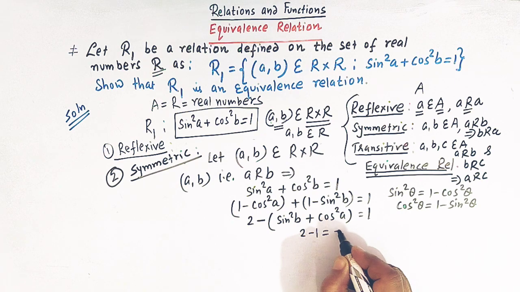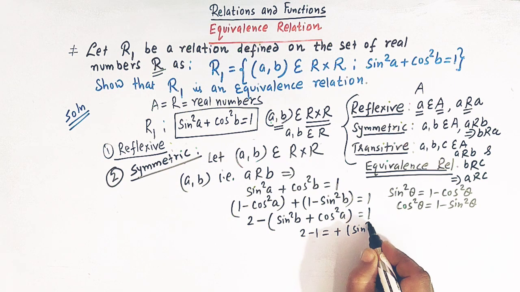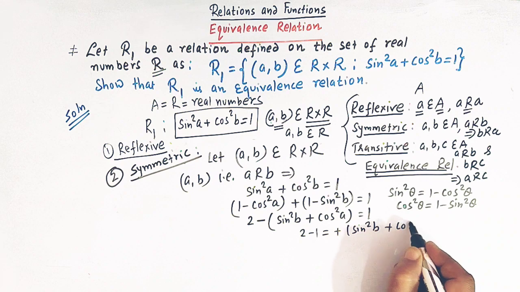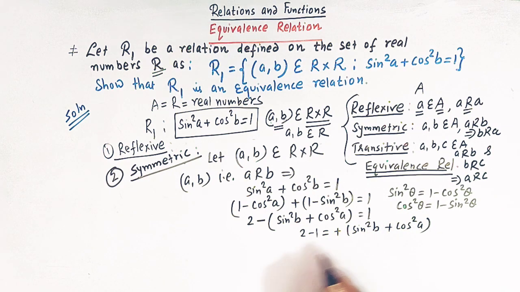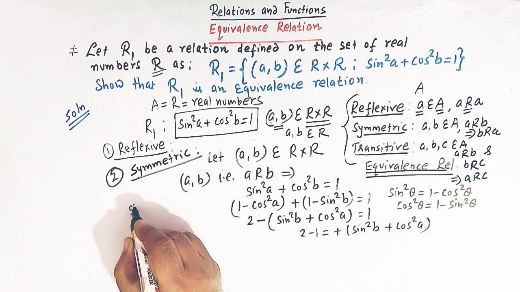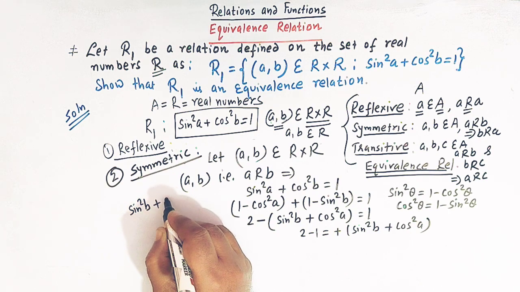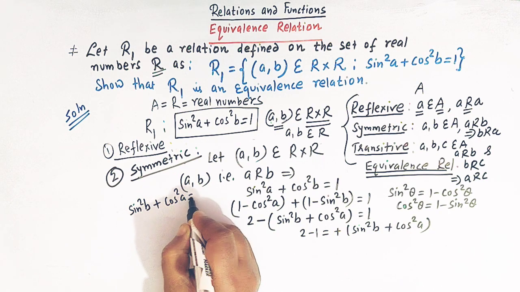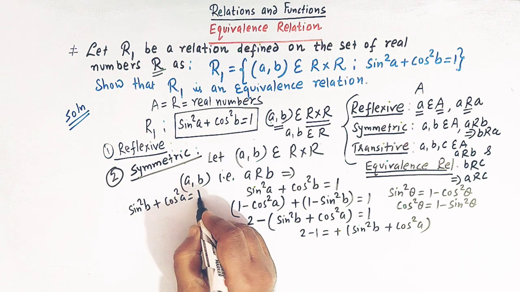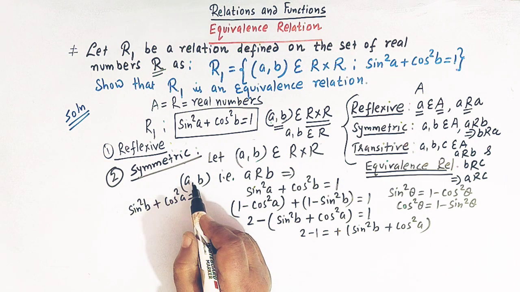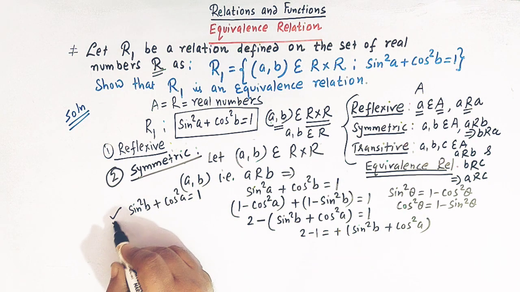We have plus sine square B plus cos square A, right? So now we have sine square B plus cos square A is equal to 2 minus 1, that is equal to 1, right?